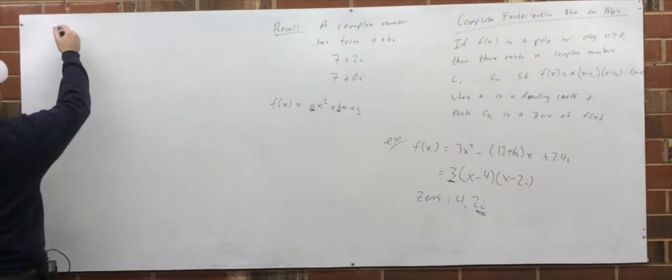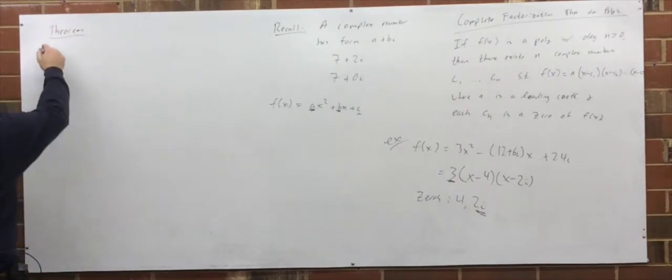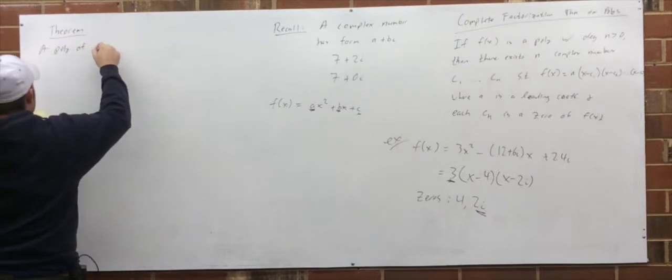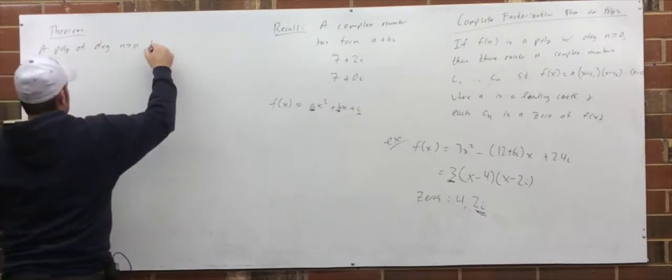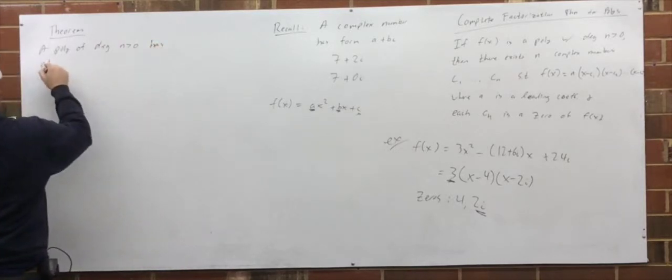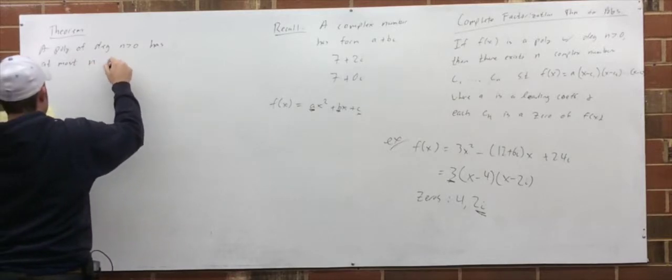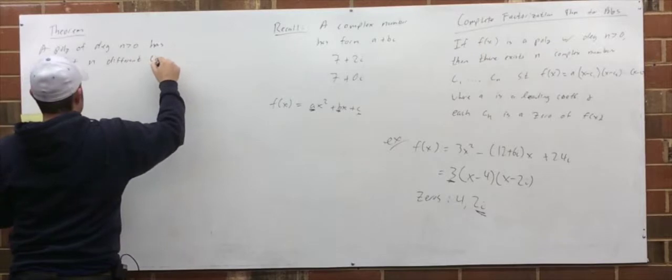All right, we've got another theorem to cover here, and then we'll keep moving on. So still relating to complex zeros, a polynomial of degree n greater than 0 has at most n different complex zeros.